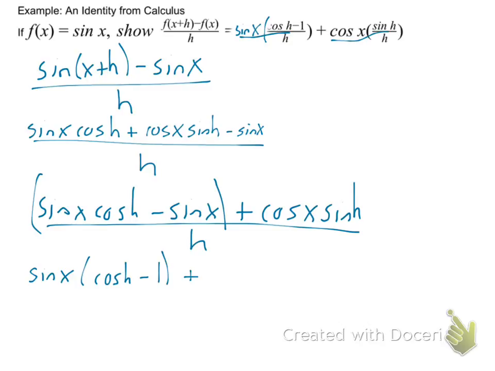Over here, do the exact same thing, but this time they want a cosine out. Well, that's not too bad. That's just cosine x times sine h. Is that legit? Is that okay? It means the same thing as the line above. Just remember, all of these things are divided by h.